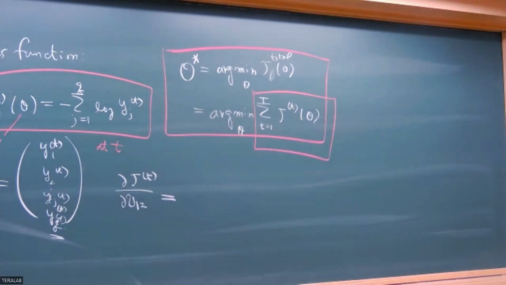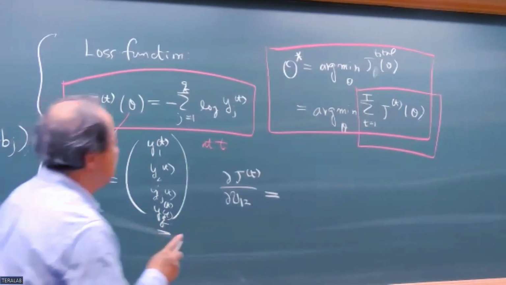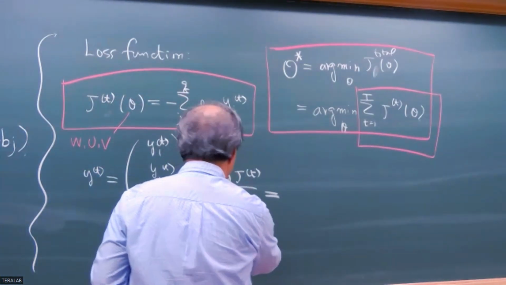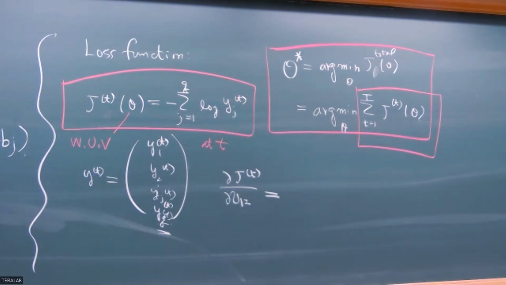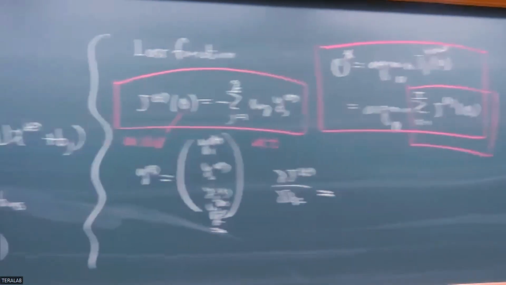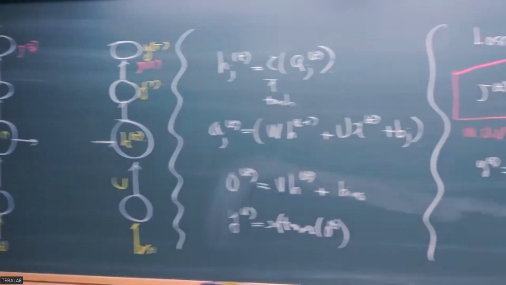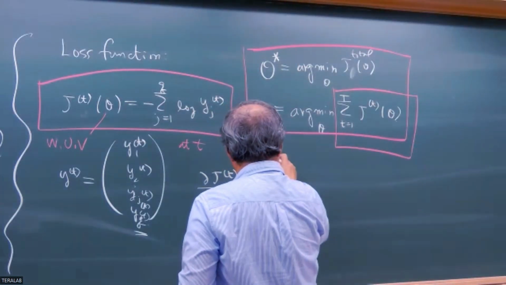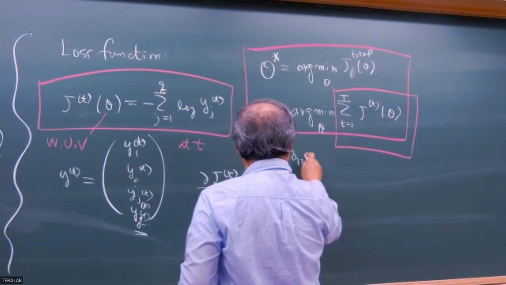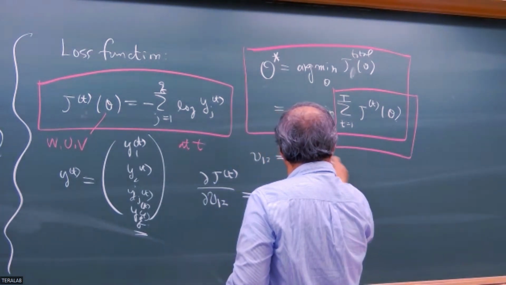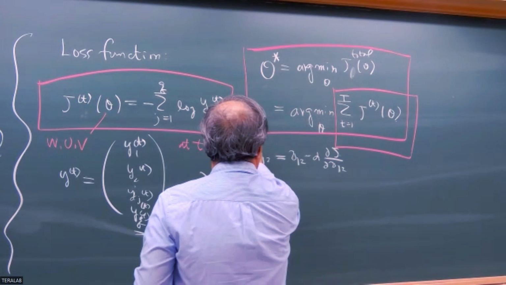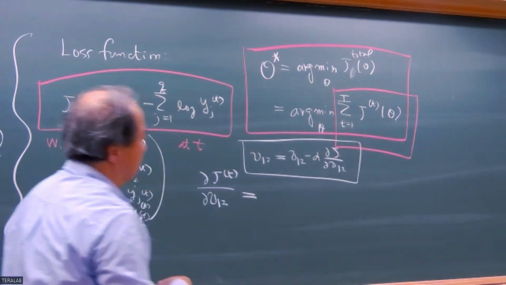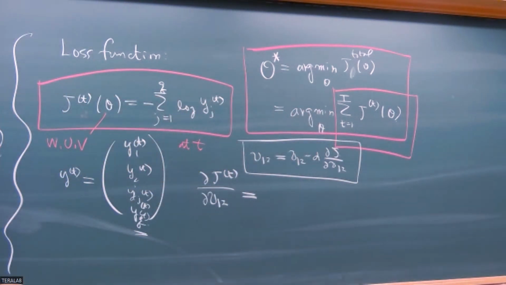You remember that, let's assume that I want to update V12. That is a connection between the hidden layer and the activation, this OT, an intermediate state. If I want to update V12 during backpropagation, V12 has to be updated using this gradient descent equation.